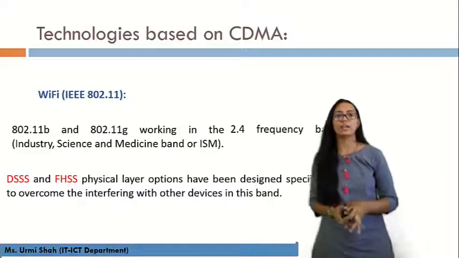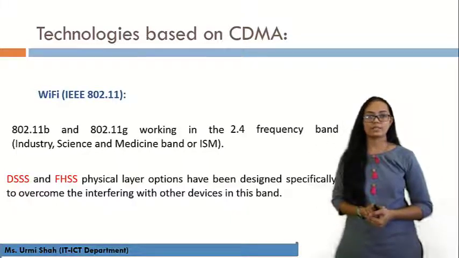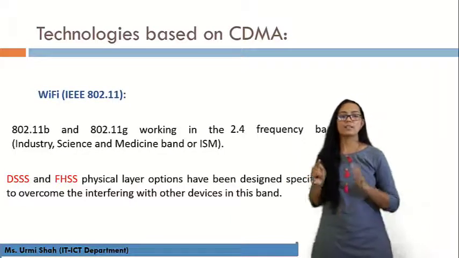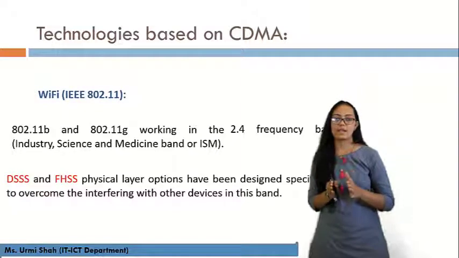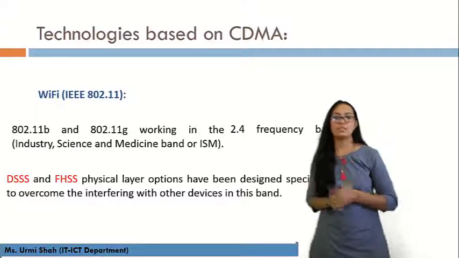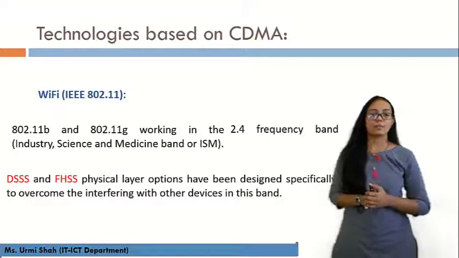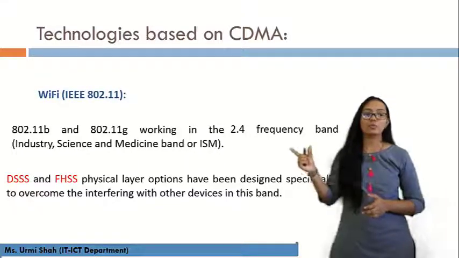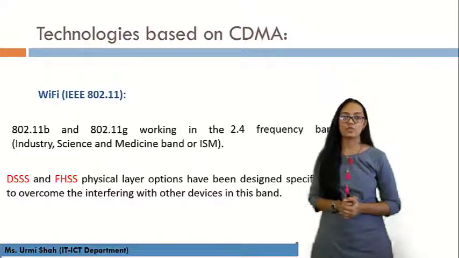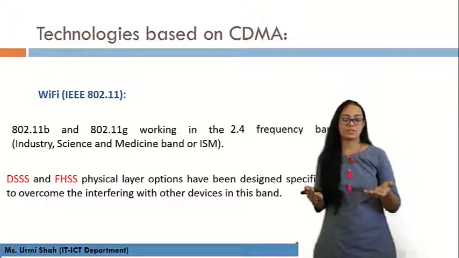Both are working in the 2.4 GHz frequency band because this is allocated by the ISM standard. ISM stands for Industrial, Scientific and Medical band. This band is fixed by the ISM standard, that is the 2.4 GHz band should be allocated to Wi-Fi ranges.